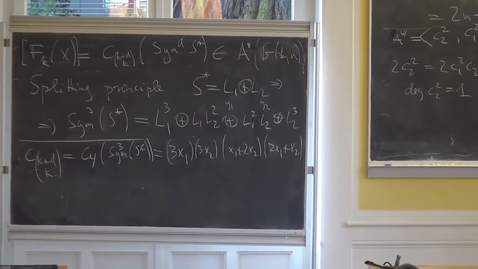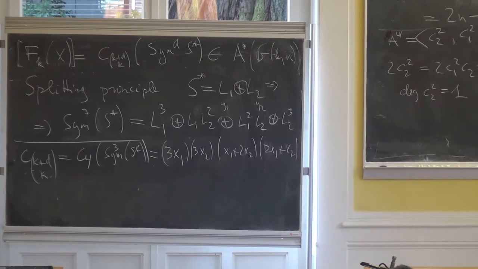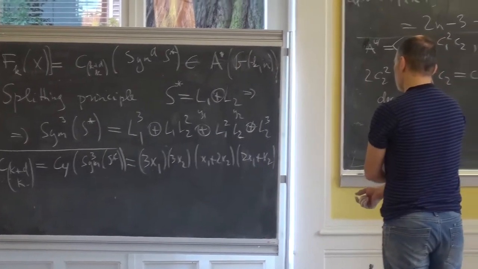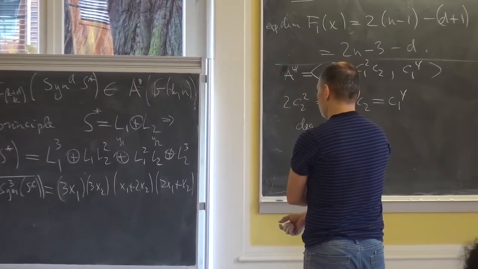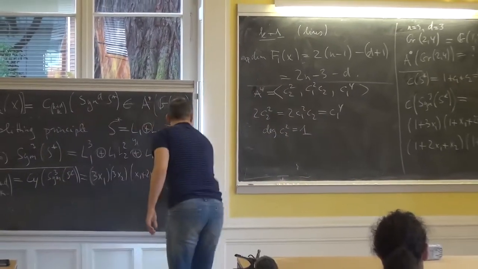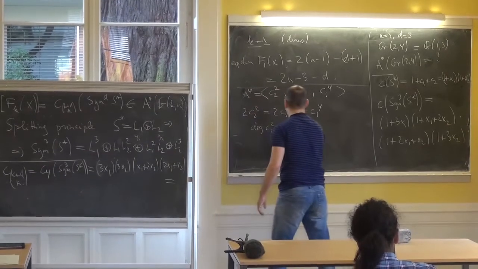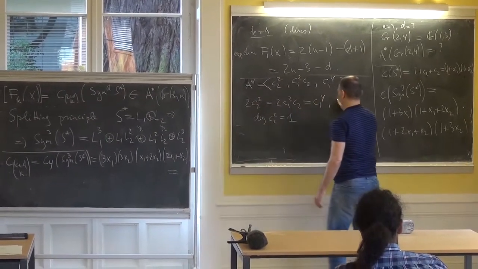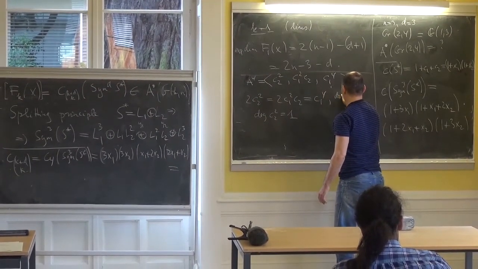So when you do that, I can write this out now. I write here, degree of C2 squared is 1.